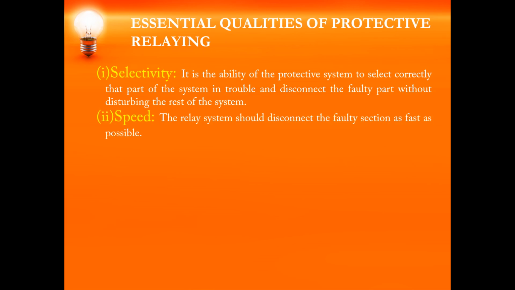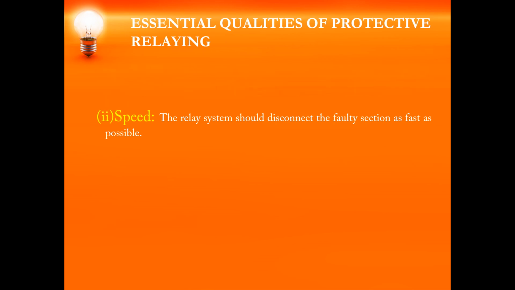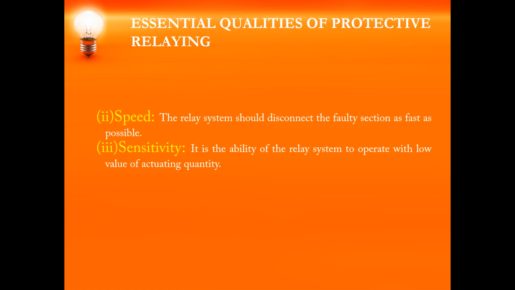The next is speed. Speed means as soon as a fault is identified, the relay has to send the signal to the circuit breaker to trip. That is, it should operate as fast as possible. That is speed. Next is sensitivity.